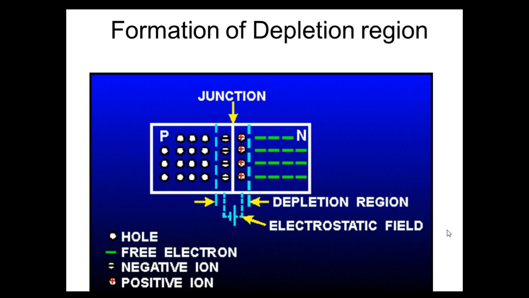If you join the P-type and N-type material during fabrication, automatically at the boundary the P-type material holes and the N-type material electrons will recombine. That means electrons and holes will recombine, and then there won't be any free charge carriers at the boundary.